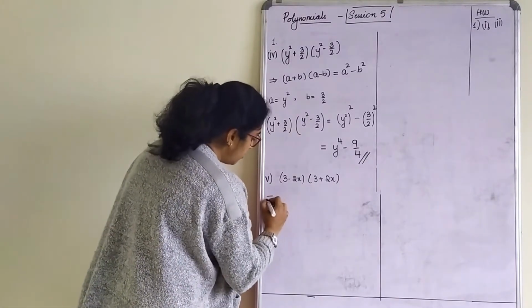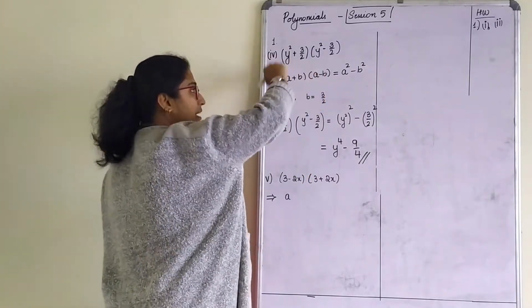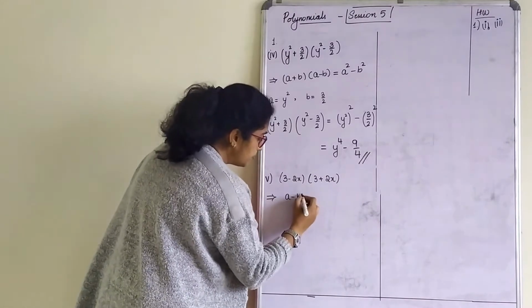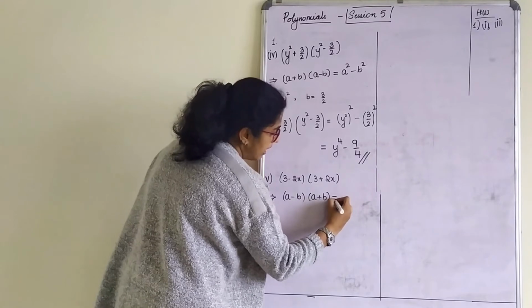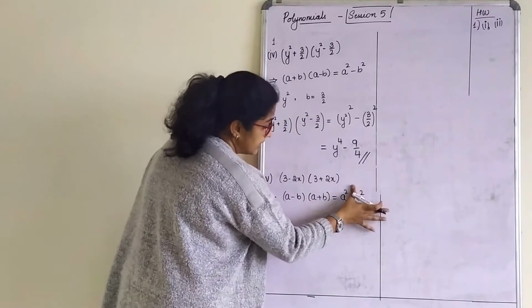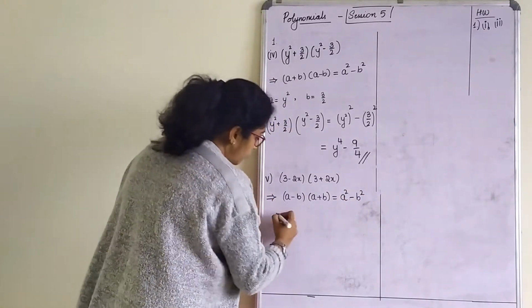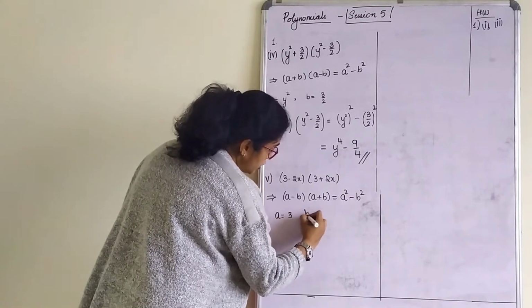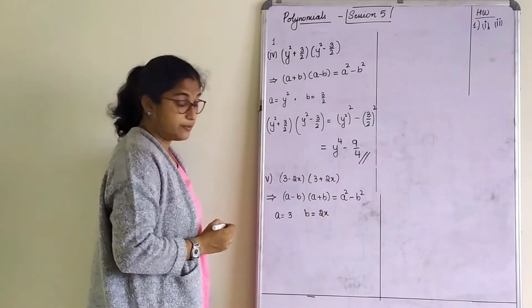If I write (a + b)(a - b) or (a - b)(a + b), it doesn't matter. (a - b)(a + b) is equal to a square minus b square. So what is your a here? Your a is 3. What is your b term here? The b term is 2x, right?